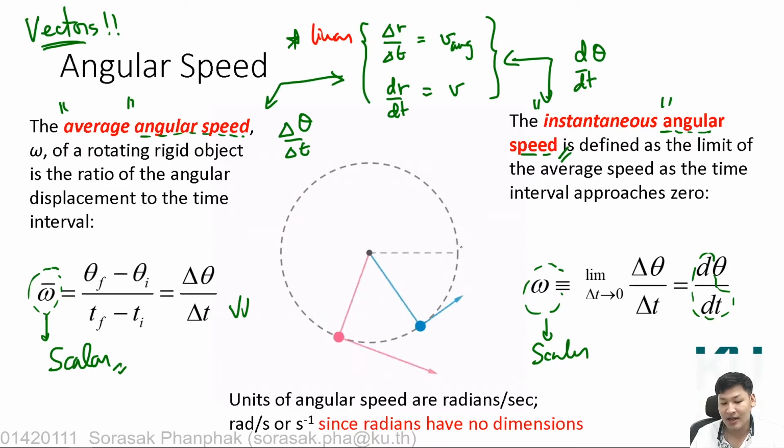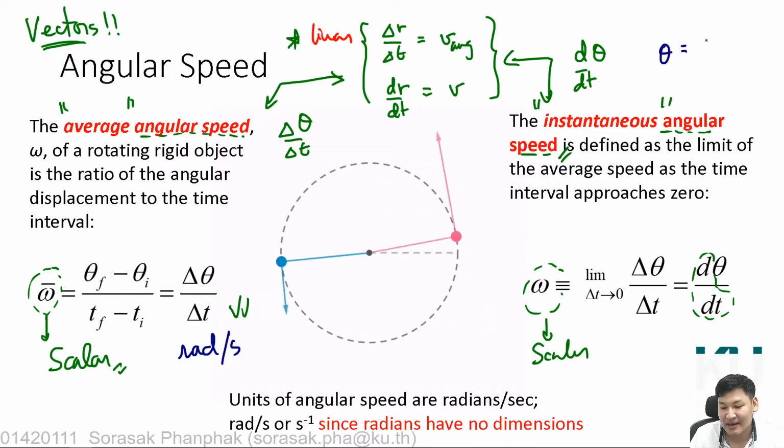How about the unit of the omega? It can be radian per second. Write out like this, radian per second. Or if you consider the theta that equals S over R, this is dimensionless, so you can ignore the dimension of the radians.